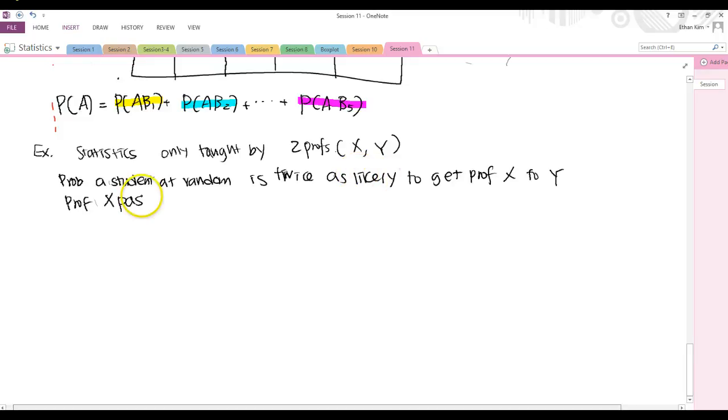Professor X passes 80% of his students, and Professor Y passes 70% of the students. So now we're looking at what is the probability that a student selected at random passes the course.